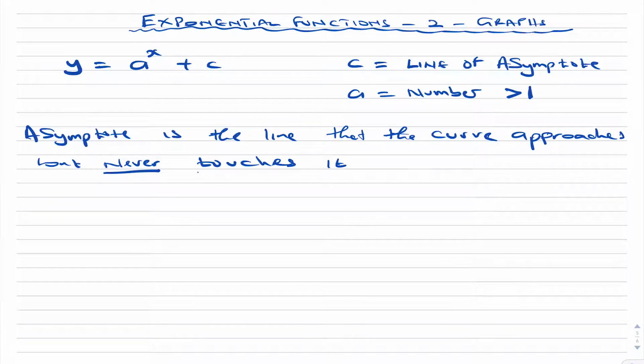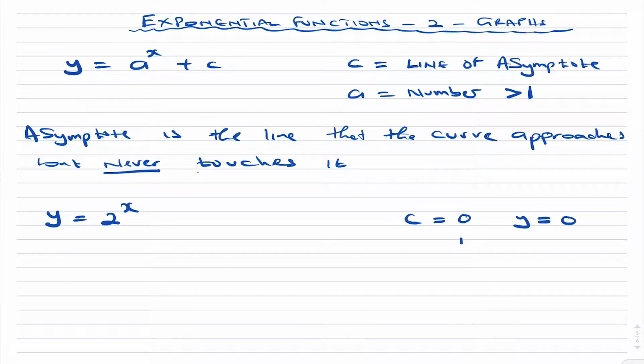A typical example is y equals 2 to the power of x. In this case, c is equal to 0, so the line of asymptote is y equals 0.